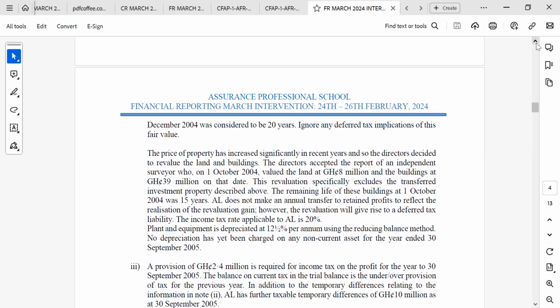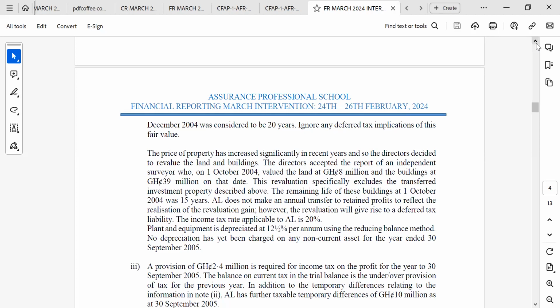You have to look for either a gain or a loss, isn't it? What are the items that we are going to use to determine the gain or the loss? The carrying amount at the date of the revaluation, and also the revalued amount as at that date.